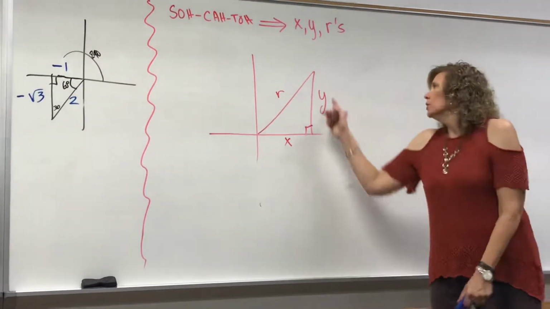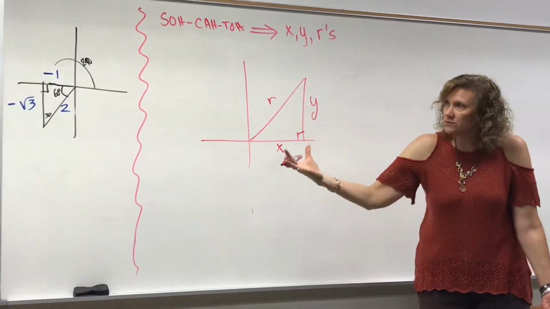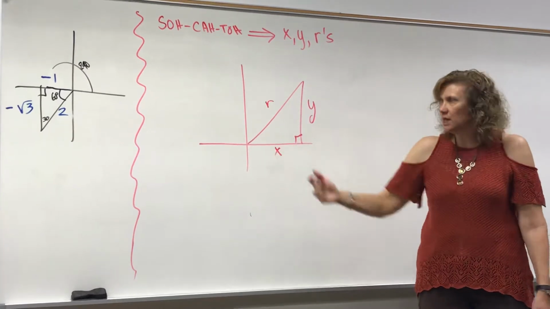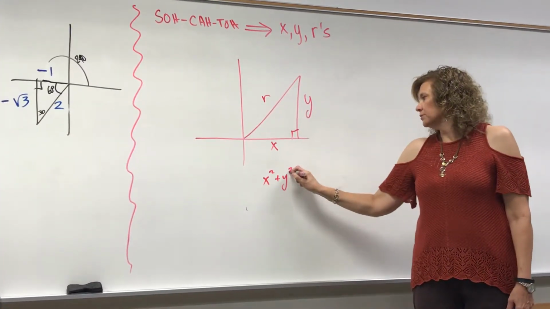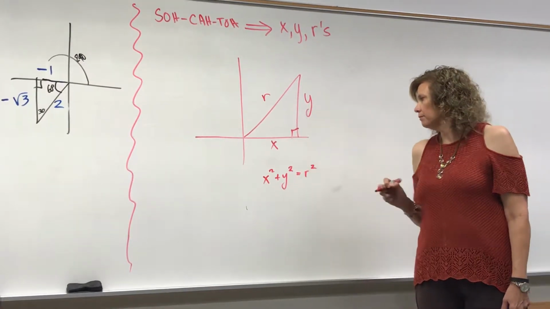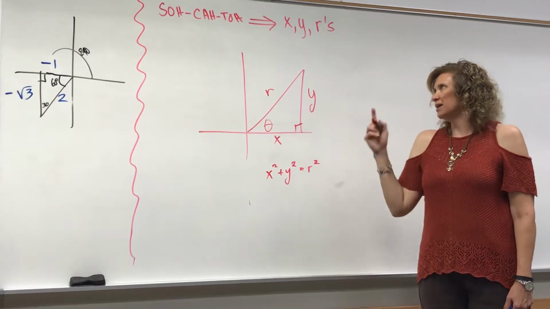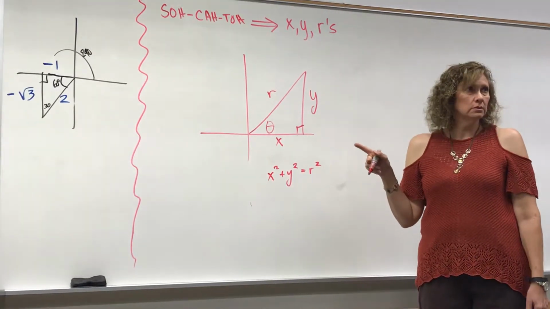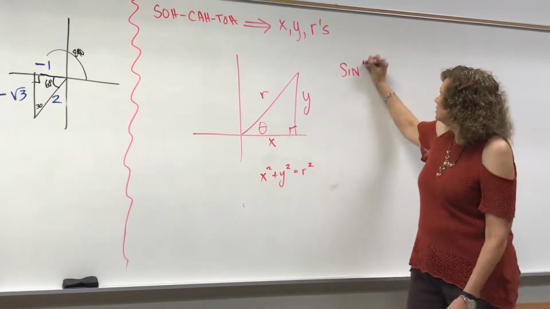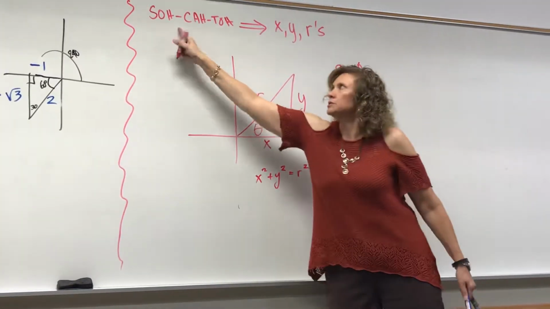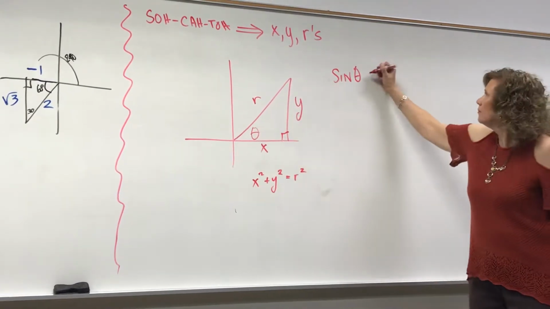So with respect to these three values, we already talked about, and you already used it today, we have a relationship that works between all three, the Pythagorean theorem. Let's put our angle theta here. And now we can kind of cheat a little bit. And sine of the angle is opposite over hypotenuse, so opposite is y over r.